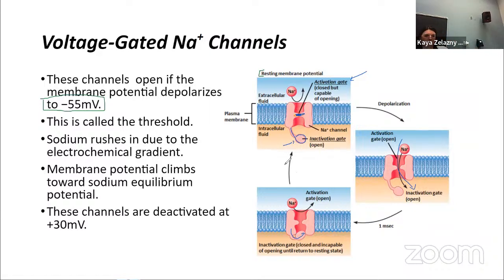When we repolarize, we're going to get back to our original state. This inactivation step is going to happen about a millisecond after the activation gate opens, which corresponds to roughly a charge of negative 30 millivolts on the membrane. So we'll trace that through as we look at the action potential.